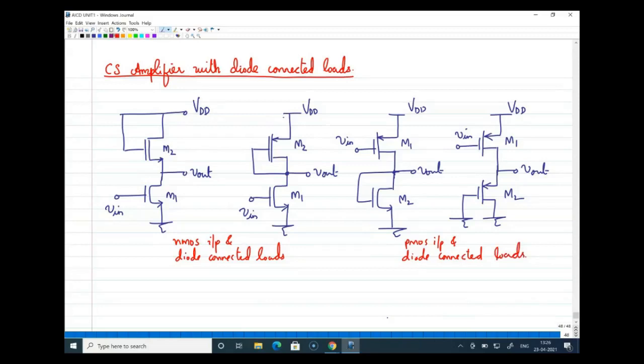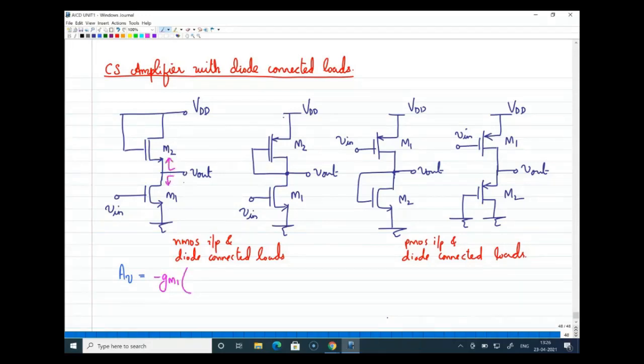Now if I ask you to find the voltage gain of these circuits, it is straightforward. Voltage gain is equal to minus Gm into R, and in all these cases Gm is Gm1. So it is minus Gm1 into Rout. Rout is the impedance seen down in parallel to the impedance seen up.